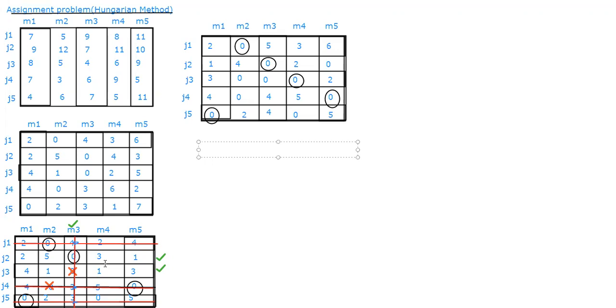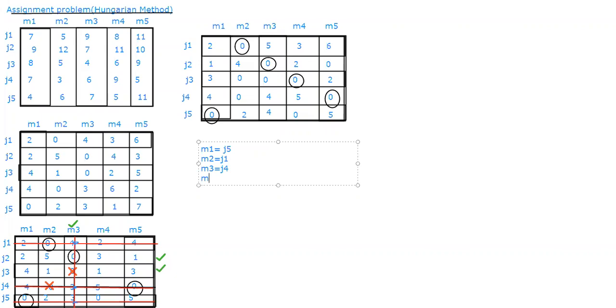So how have I assigned it? For machine 1, which one did we assign? J5. We assigned J5. For machine 2, we assigned J1. Likewise, machine 3, J4.